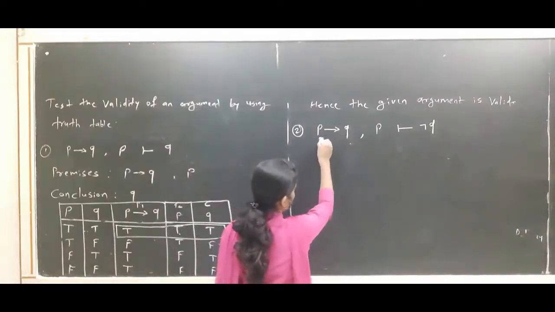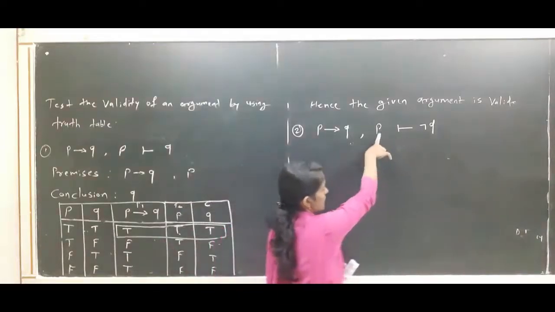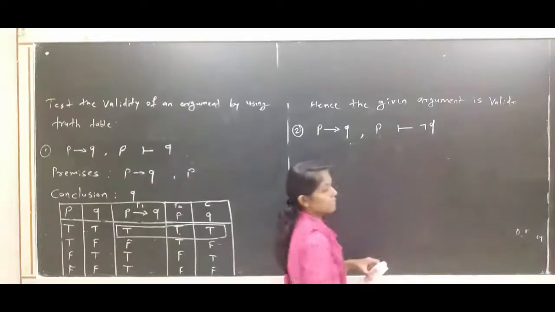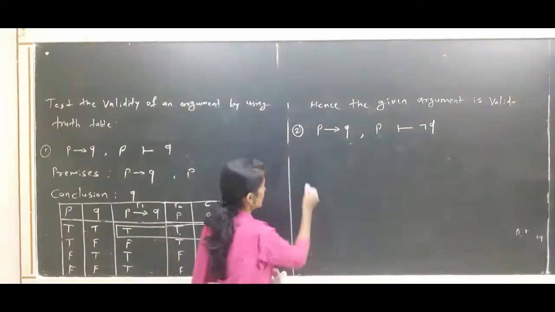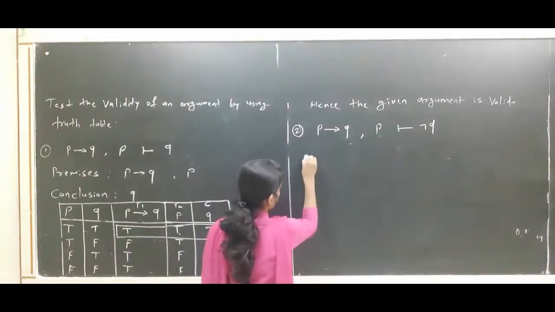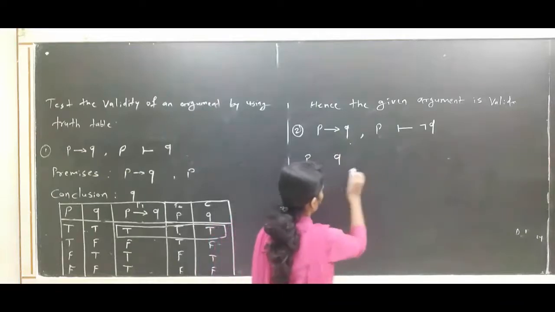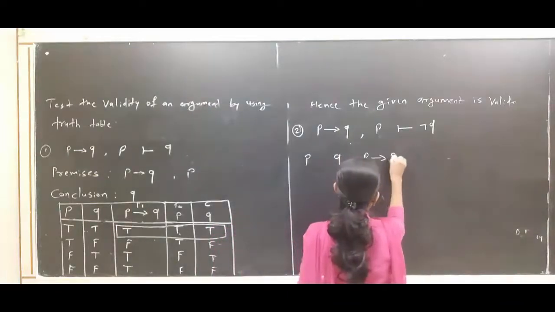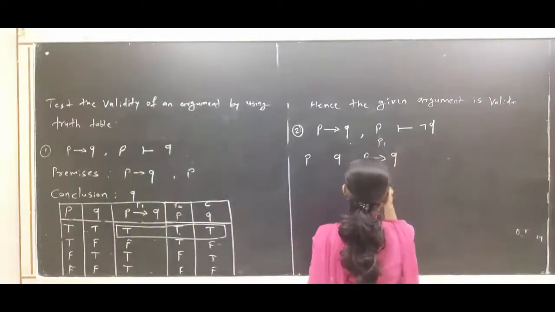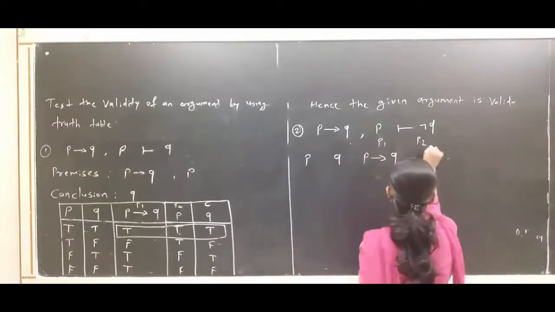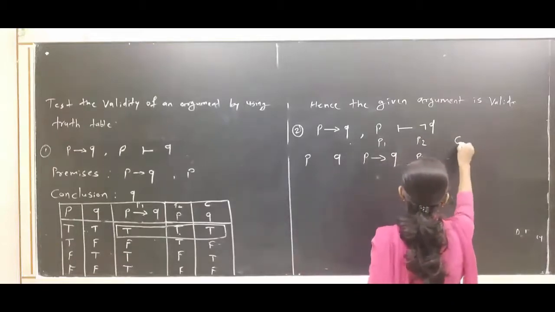So again the premises are P implies Q and second is P. The conclusion is negation Q. So draw the truth table: P, Q, then P implies Q. So here P implies Q is the first premise, the second premise is P, and the conclusion is negation Q.